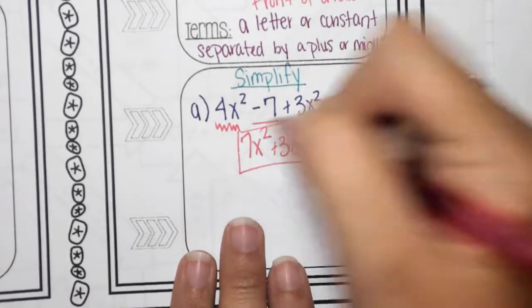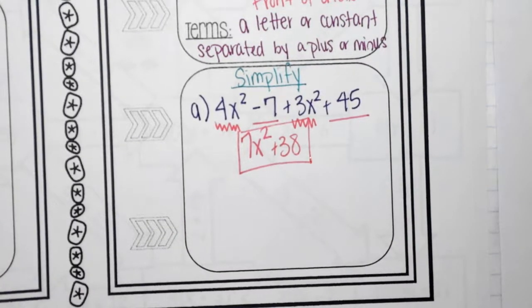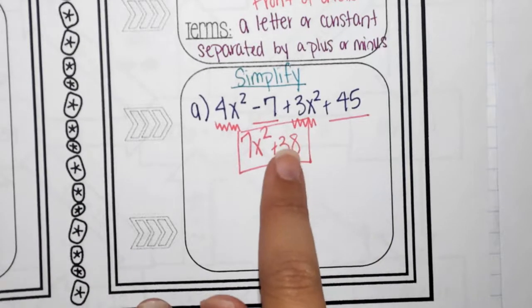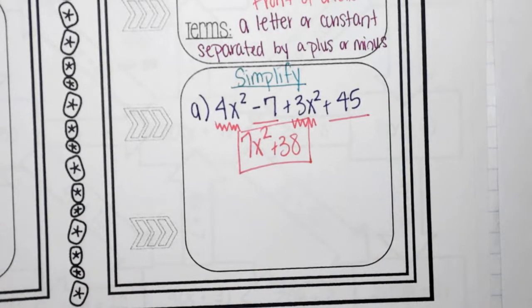Yes, because I added, and I'm not a crazy person. That's all you do. Now, can you combine 7x squared and 38? No, because they're not like terms. Also, why is this called an expression and not an equation? Because it doesn't have an equal sign. Yay! Give your team a point if you said that.